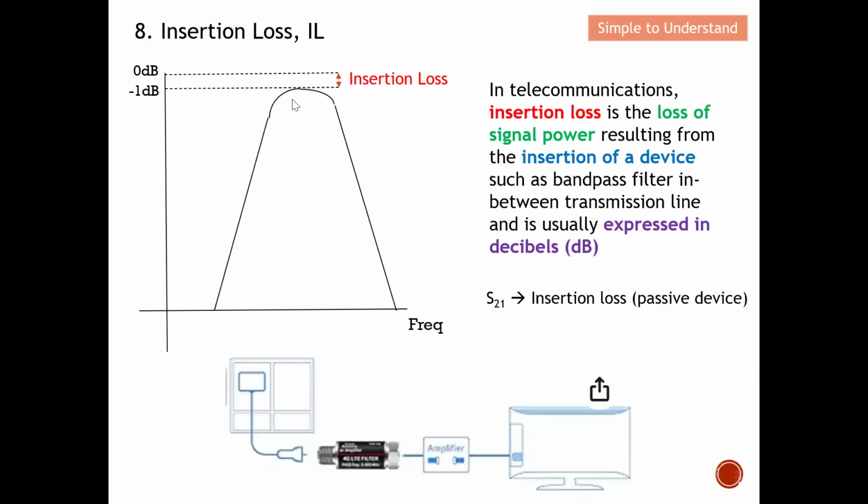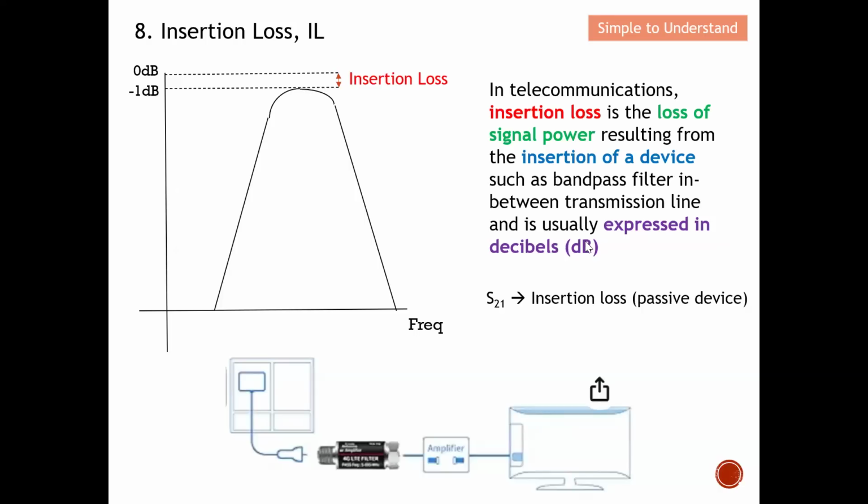Even though it is a bandpass, it is still subject to some loss, which we classify as insertion loss. So insertion loss means that this signal is allowed to pass. However, due to the imperfect device, such as a bandpass filter, you are going to introduce some form of loss, and we quantify this as insertion loss.